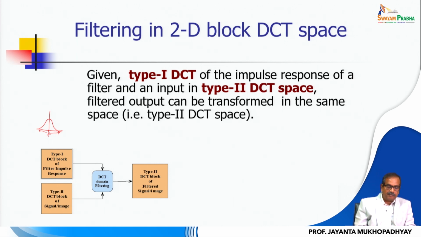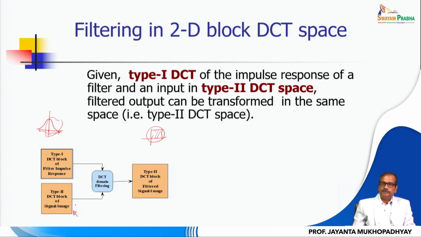Now in 2 dimensions, of course, we have to consider 2-dimensional Gaussian distributions, which means I have to take the symmetric extension in all the quadrants, and specification of only one quadrant would be sufficient. Then I take the type 1 DCT of appropriate size of this block, and the type 2 DCT of the input block as it is in the compressed domain, and perform the respective multiplication.